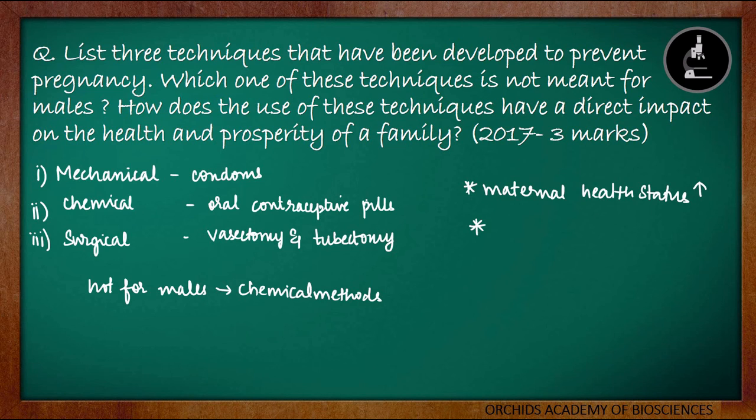One more point that we can tell here is, some contraceptive devices such as condoms are also helpful in preventing the sexually transmitted diseases. So these 2 points we can write, how it is having a direct impact on health and prosperity of a family. First thing, it will improve the maternal or mother's health status and also prevents the sexually transmitted diseases from transferring from one to another human being.